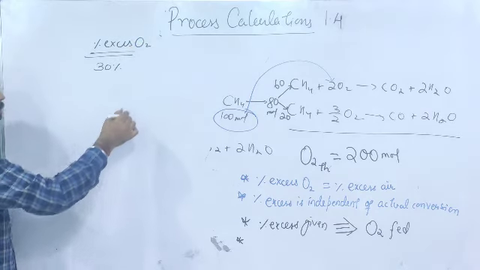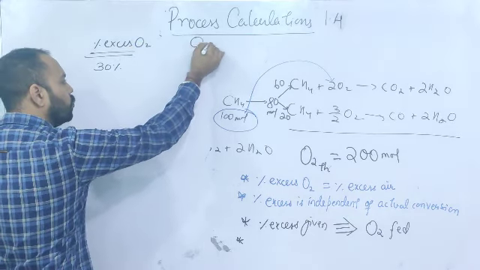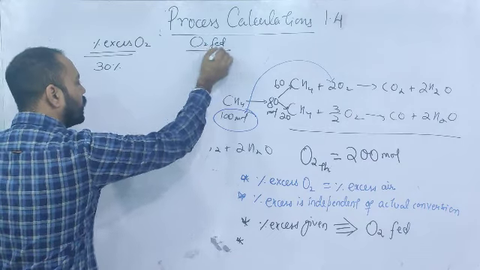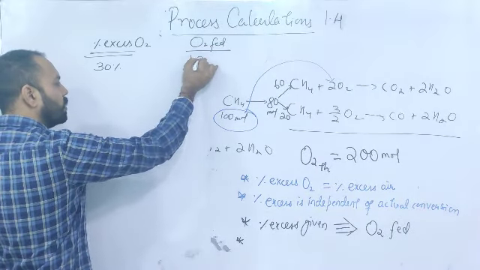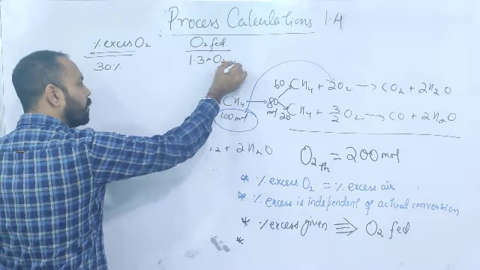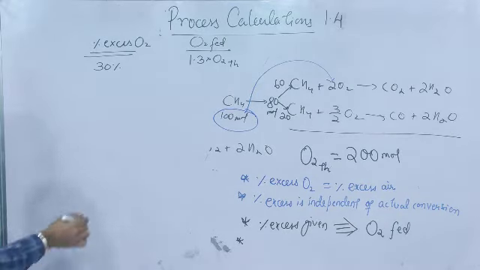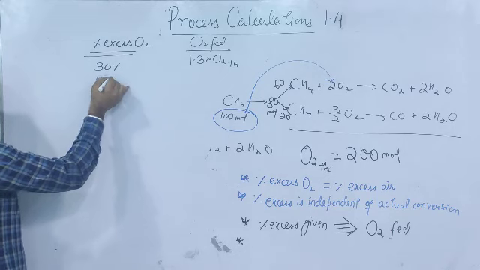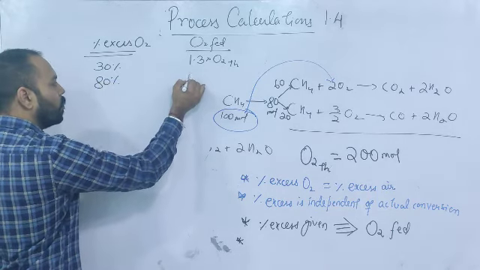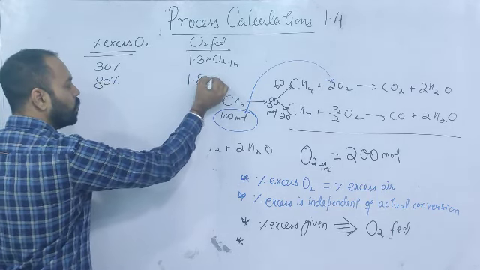It is given in the problem. So what is O2 fed? You can write this directly as 1.3 times O2 theoretical. This comes from the formula only, you can check. If percent excess is suppose 80%, you can write this as 1.8 times O2 theoretical.